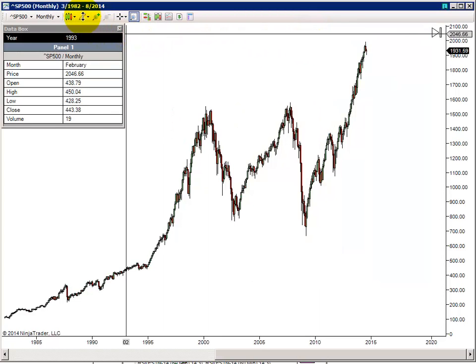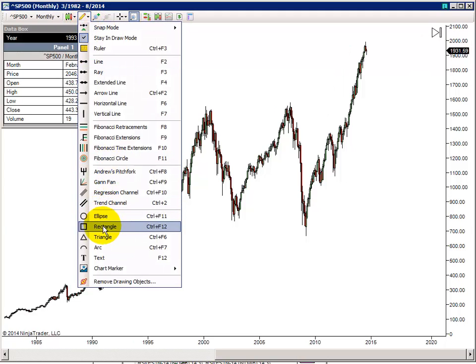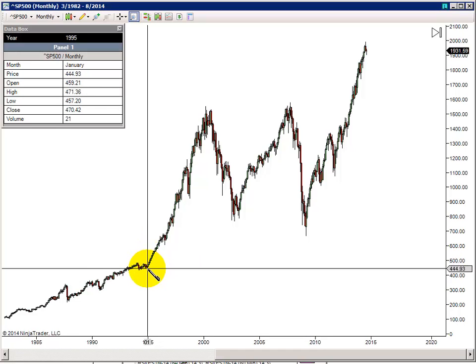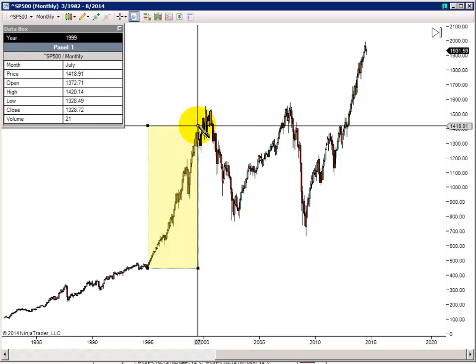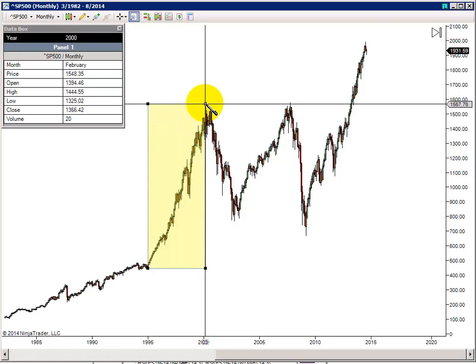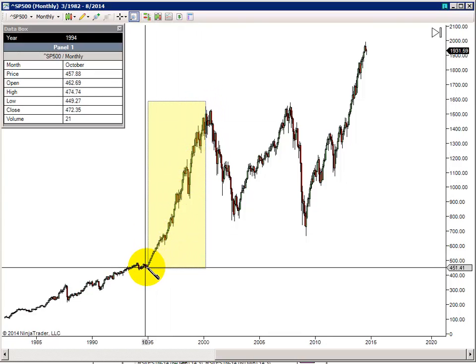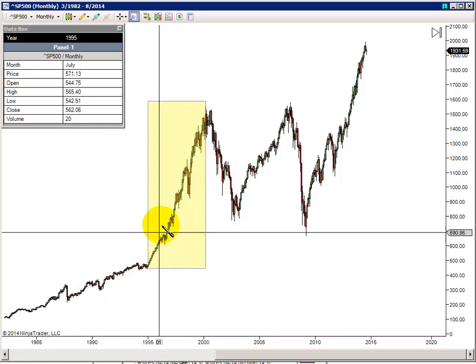Now, here's the other thing that I've been looking at, and it's of interest to me. I did the measurements already, so I'm not going to measure each one out for you because we'll take too much time. What I'm looking at here is the swing up again, taking the swing from right as the market started exploding to the upside.